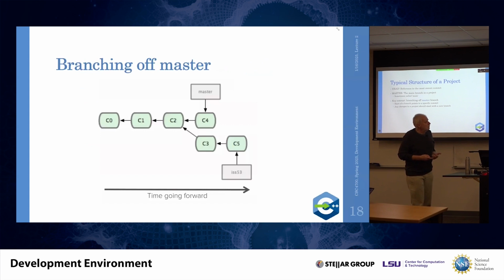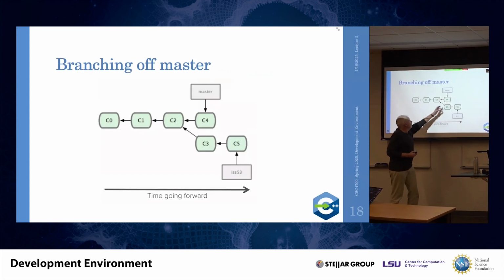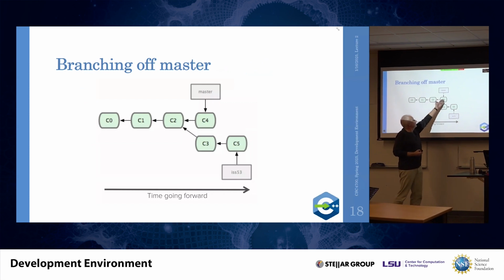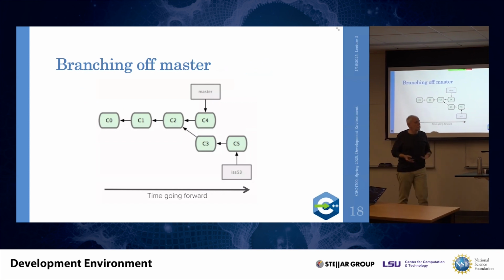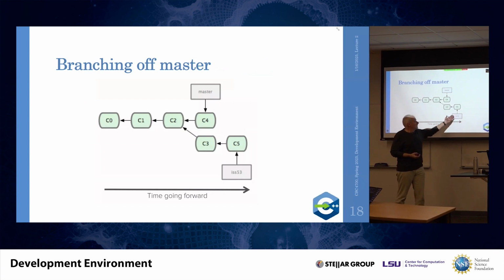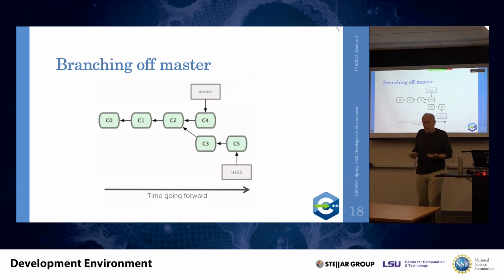So when you branch off master, we see something like this. We have one commit where somebody has worked on that main branch and has committed C4. But before C4 was actually pushed, somebody else has created a branch from the same point and started to do their own work. And branches have their own unique name. So as soon as you create a branch, you're asked to specify a name.